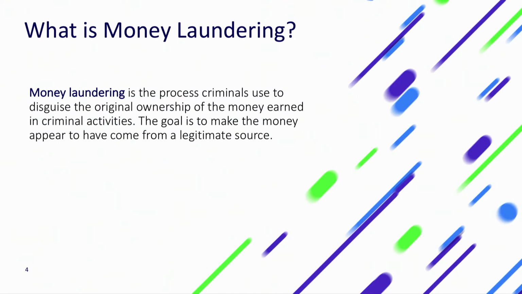So what is money laundering? If you are watching Ozark on Netflix, you are very familiar, I assume, or if you are somehow associated with financial services. Money laundering is basically the process of taking money that originated as a result of criminal activities and making it look like it's legitimate, coming from a legitimate business activity.